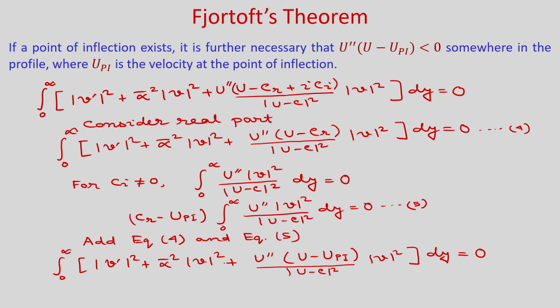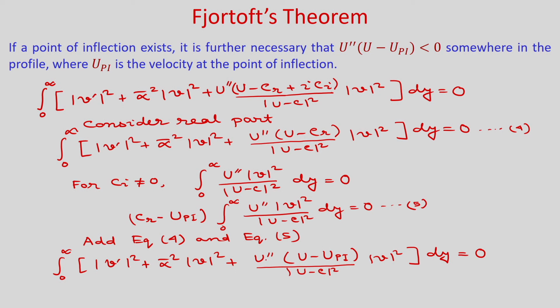Now, you carefully look at this equation. Again you can see the first two terms in this equation are positive, right, because this is mod v prime square and mod v square. So, these are positive, greater than 0.